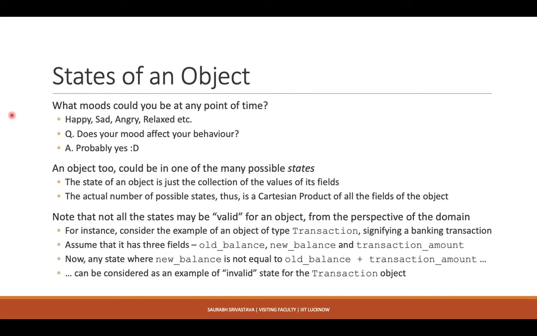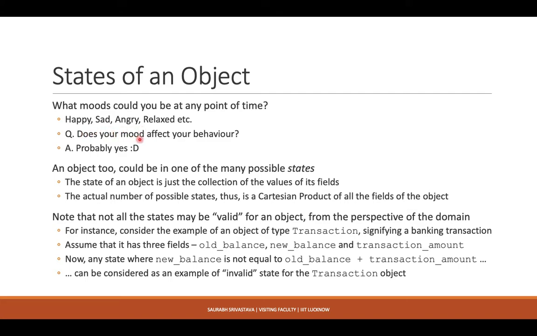So coming back to the whole concept of an object, let us say that if the class is human being, then we all are really the objects of that human class, right? And if we compare an object to us, what are the typical kind of moods that we could be in? We could be happy, we could be sad, we could be angry, relaxed, whatever it is, right? There are so many moods available out there. And does this mood actually affect our behavior?